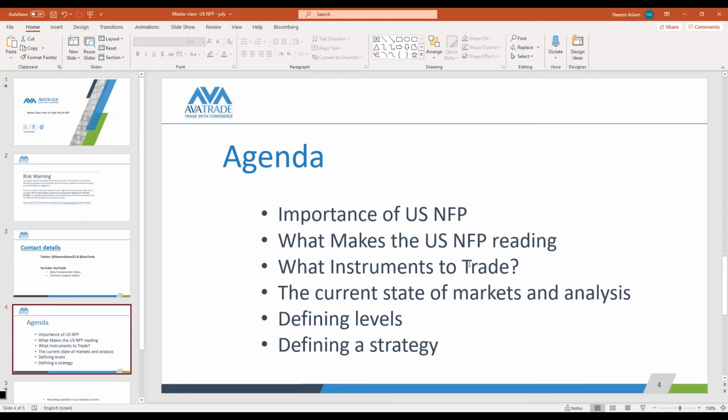Fixed income is obviously beyond the scope of this particular webinar, but generally speaking, on the back of this number, investors are more likely to pay attention to euro dollar, sterling dollar, and dollar yen in terms of Forex pairs. In terms of equities, investors are again more likely to pay attention to the Dow Jones, NASDAQ, and the S&P 500 index.